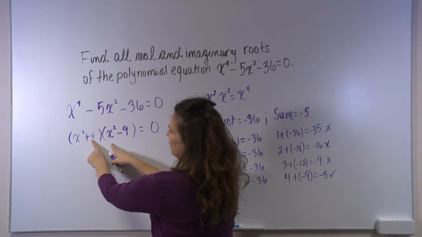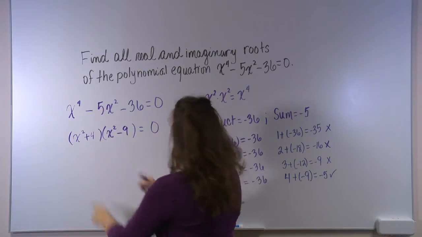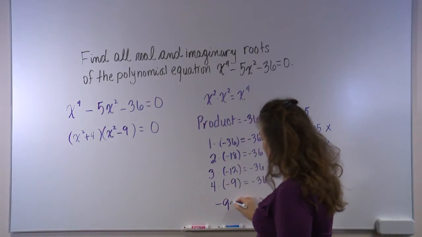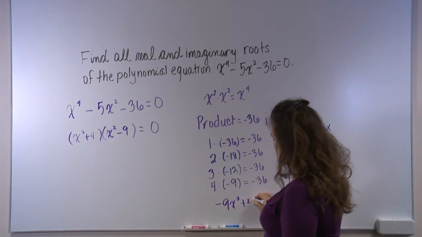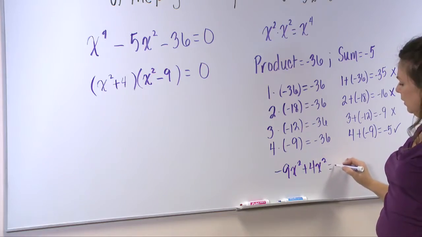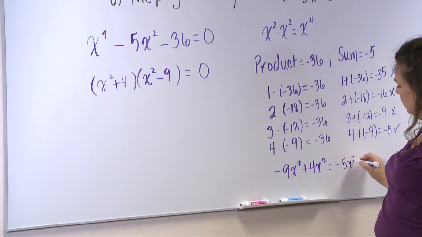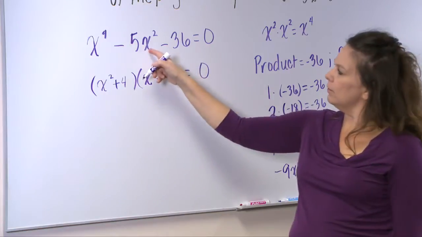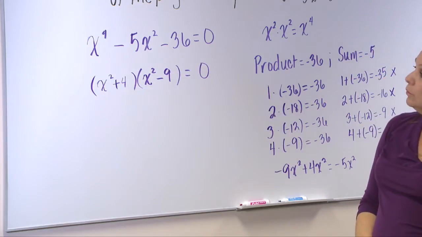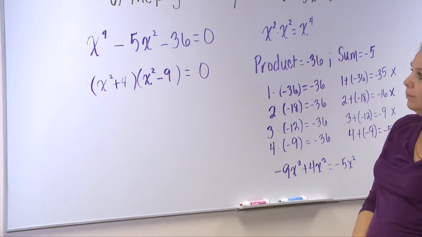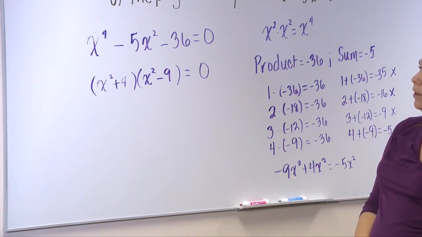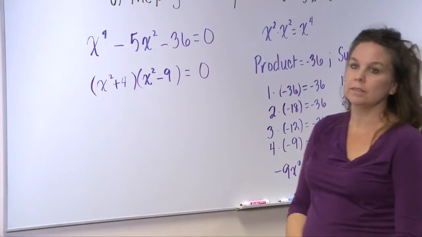Inner, plus 4x squared. So negative 9x squared plus 4x squared is equal to that negative 5x squared that we have here in the middle. So there is a factorization of the equation x to the fourth minus 5x squared minus 36.